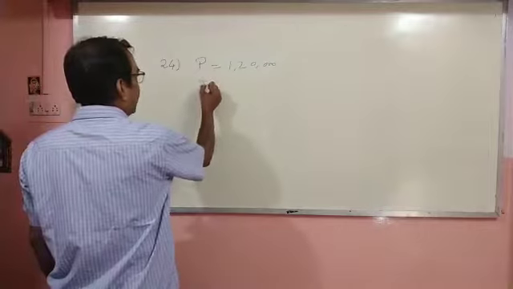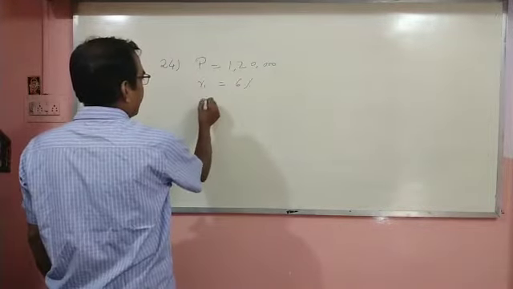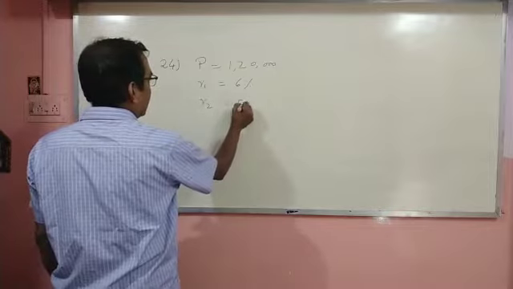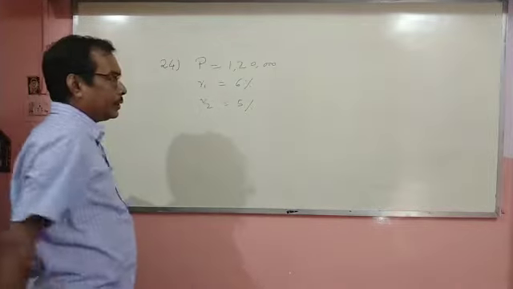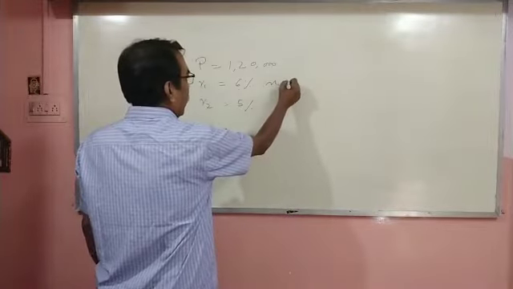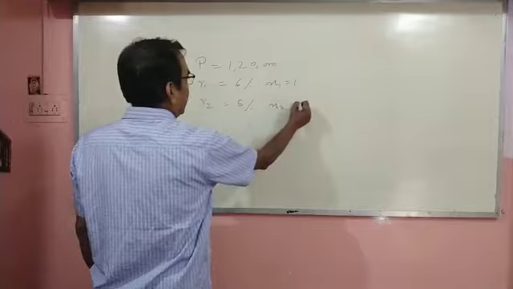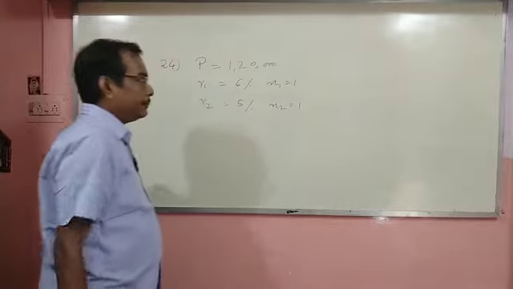And the rate percentage increase is 6%, and the rate percentage decrease in the next year is 5%. This 6% increase is for 1 year only, and this 5% decrease is also for 1 year, that is N2 is 1 year.